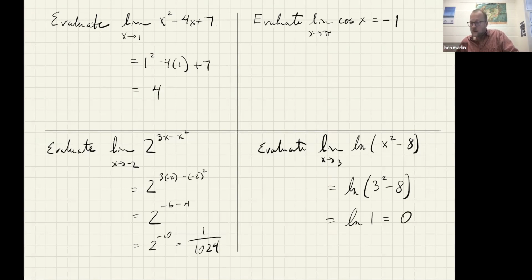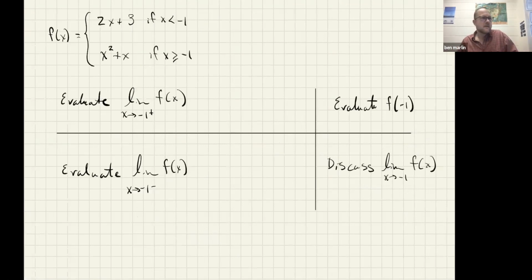So insofar as evaluating limits with the basic limit laws, try plugging it in. If there's a division by 0, you have more work to do. If it's not division by 0, you just plug it in and see what you get. So here's where things start to get a little bit cumbersome.